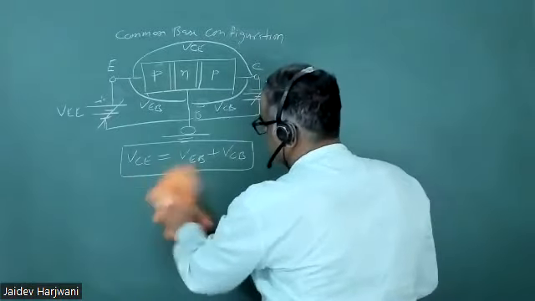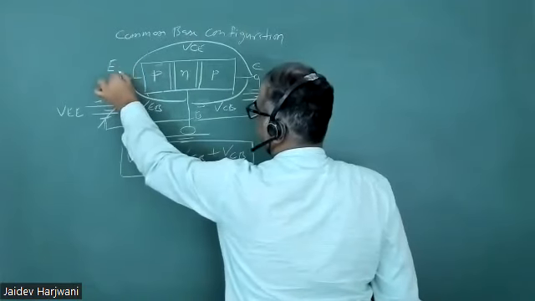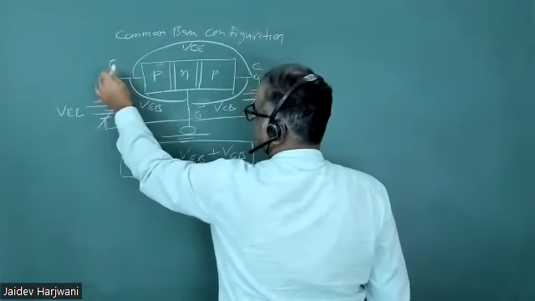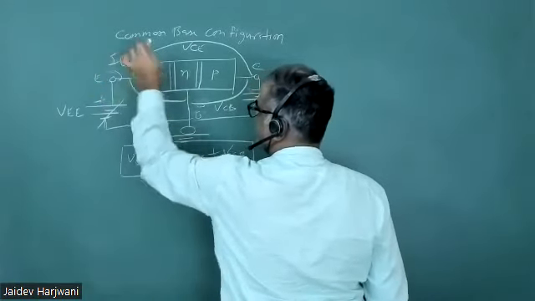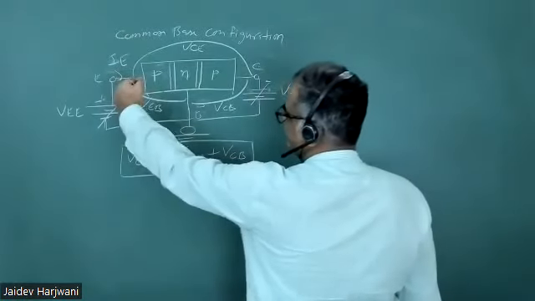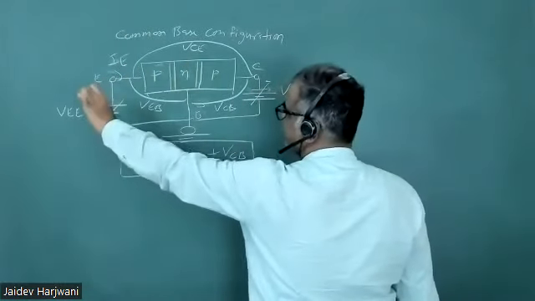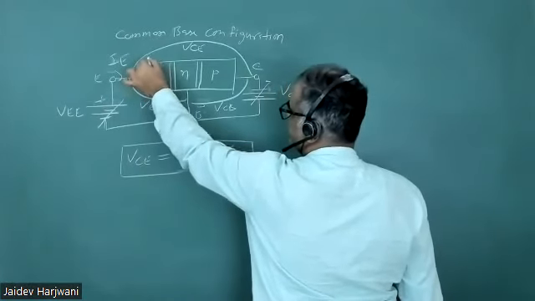This current is called IE, because it is going into the emitter. So I call this current IE, the emitter current. If you have a positive battery, you are pulling electrons here, and your holes are moving like this.